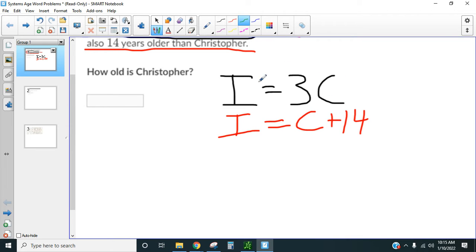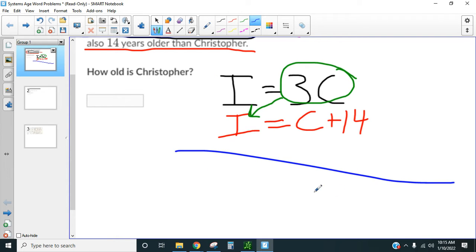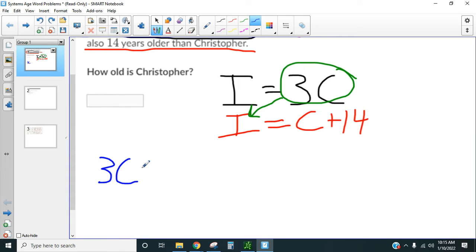Because it says right here, I is equal to this, right? So what we're going to do is take this 3C and plug it in right there, so that now we have a new equation, right? Our new equation over here equals that.